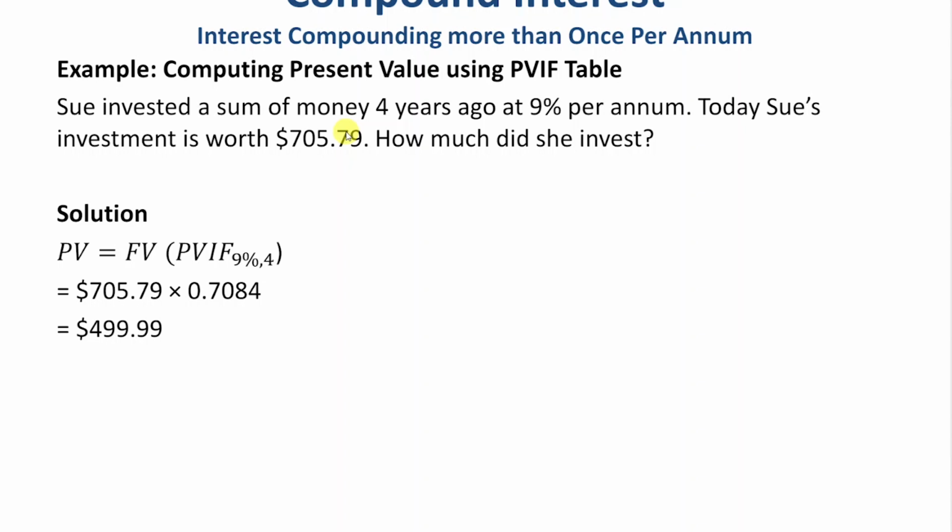So we know the future value, we know the number of periods, we know the percentage per annum, and so therefore we'll be able to get the present value. This is really $705.79 divided by 1 plus 9% to the power of 4, and that is equal to 0.7084.